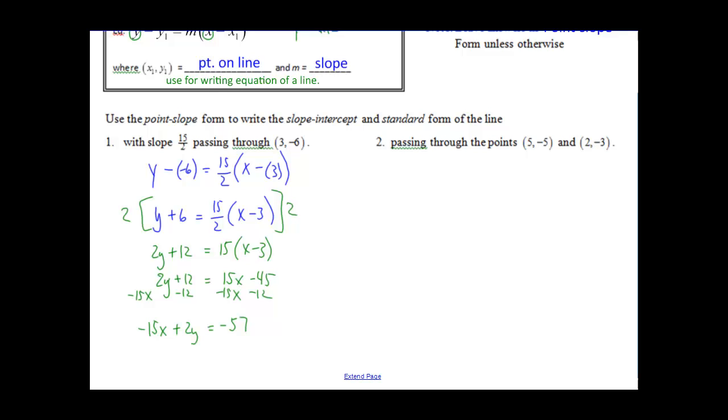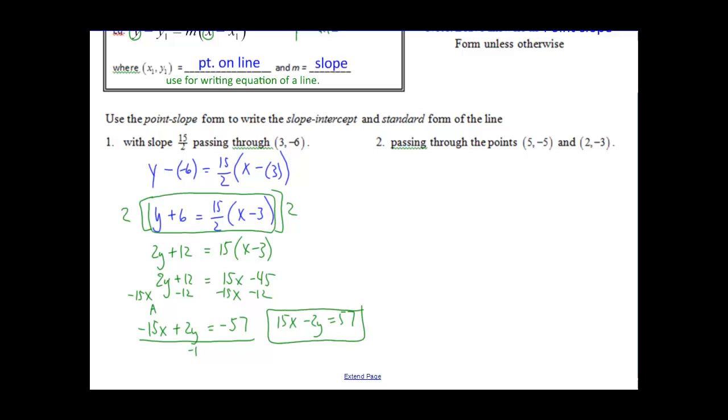But just to make it a little easier, for the a term, which is here, we don't really want to have negatives or fractions or decimals. So if we divide all of this by negative 1, then standard form will be 15x minus 2y equals 57.